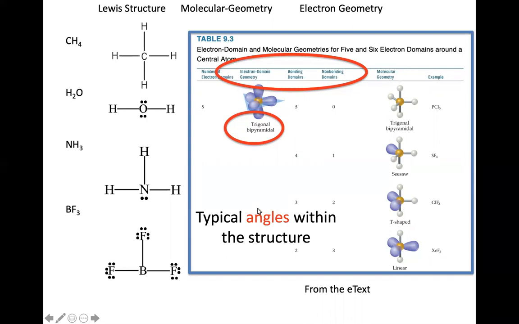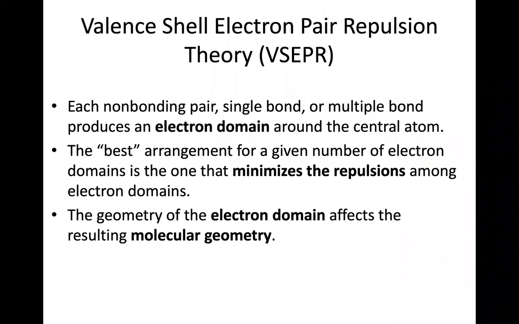So in order to put these ideas together conceptually, we use what's called valence shell electron pair repulsion theory. It's a big acronym. We call it VSEPR, valence shell electron pair repulsion theory. So the idea here is that we're going to have a particular atom, and around it, what could be there? It could be a single bond or a higher order bond, like a double bond, or you could have non-bonding ones.